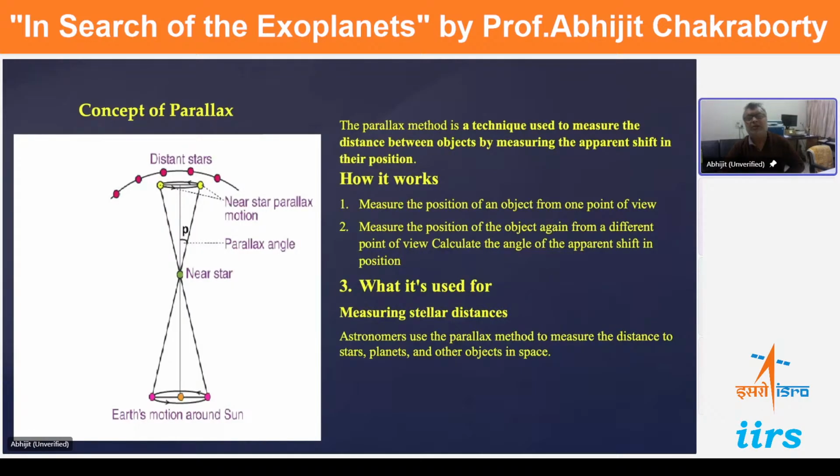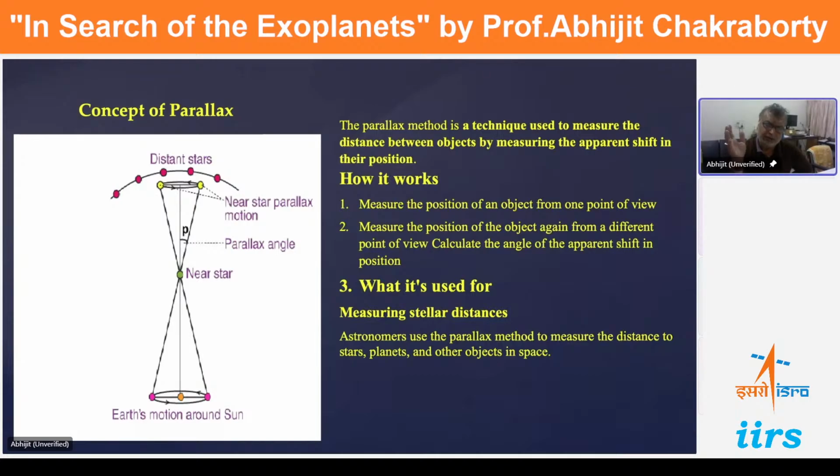Now let me try to do the astrometry part, which is also similar to Doppler wobbling measurement. It's basically another way of measuring the Doppler wobble. But before that, I want to make you understand the concept of parallax. When you travel by train, the trees that are closer to the railway track move very fast, and the trees that are a little far away move slowly.